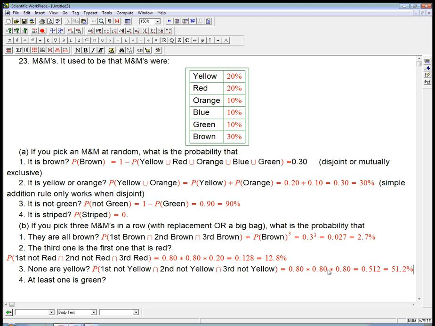Second one, that's a complement, 80%. Third one, that's a complement. And then we multiply them together using the independence assumption. It's definitely not the same. Let me just write this out. Not the same as the probability of 1 minus the probability of all yellow, which would be 1 minus, and all yellow would be 0.2 times 0.2 times 0.2.